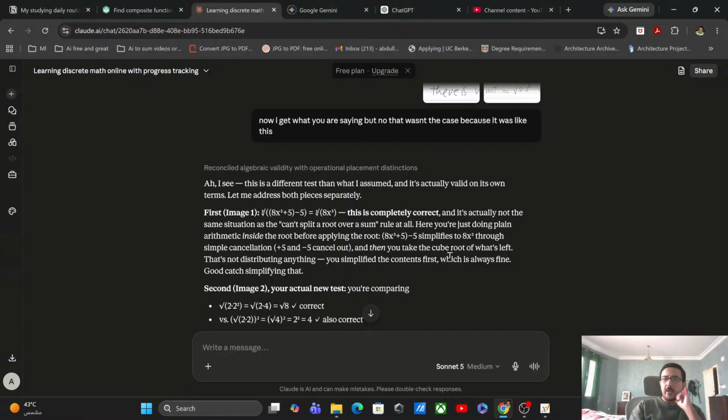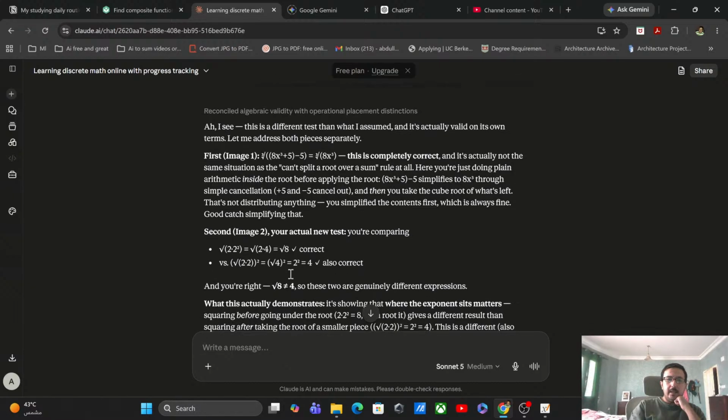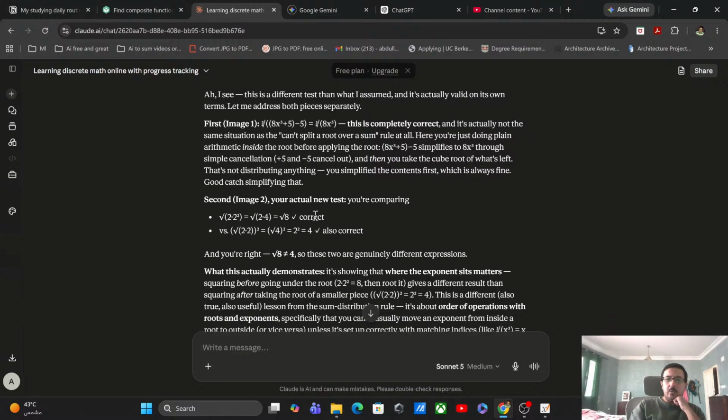Then you take the cube root of what's left. That's not distributing anything. You simplify the contents first, which is always fine. Good catch, simplified.